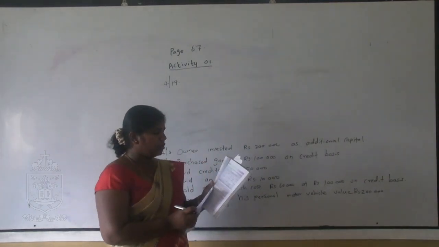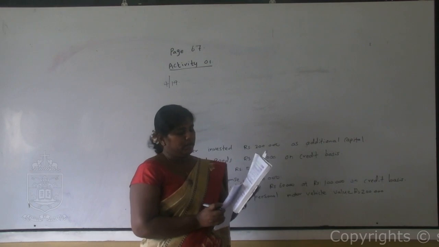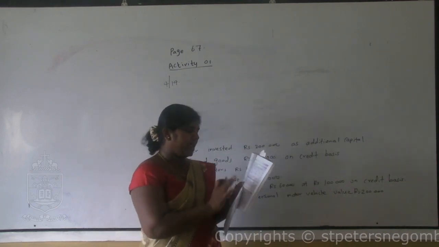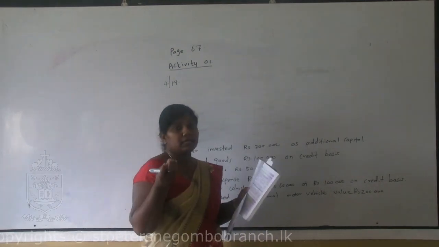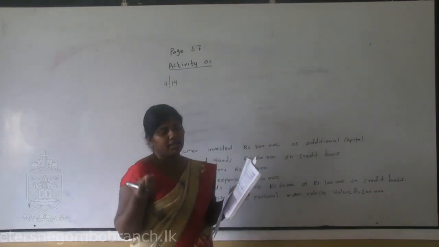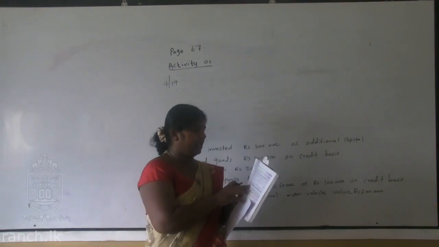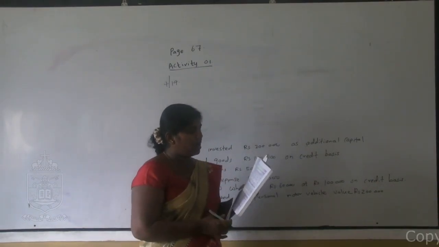But for the note that you have given, owner has not taken any cash drawings during the month, but we can consider there may be some drawings regarding the goods. So already he used 20,000 value of stocks.